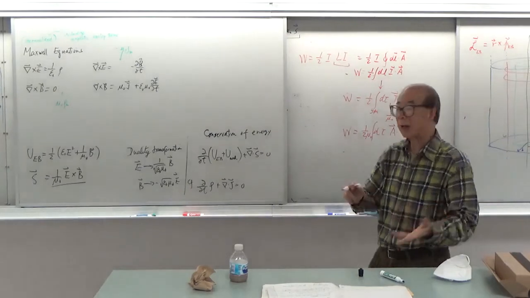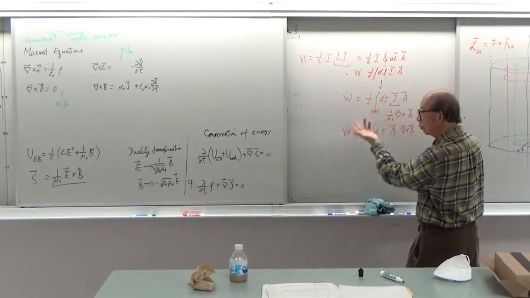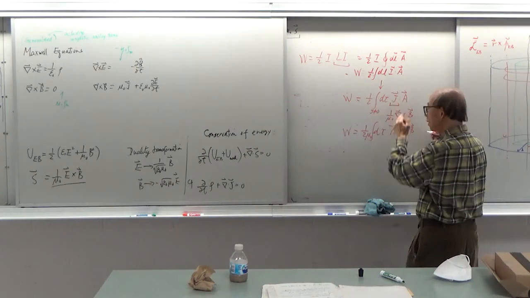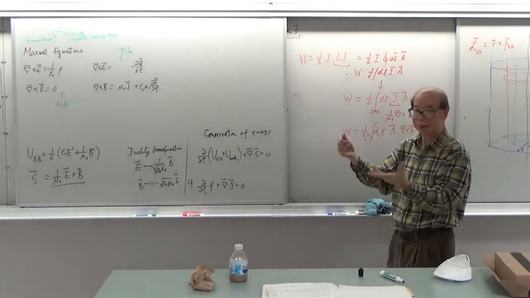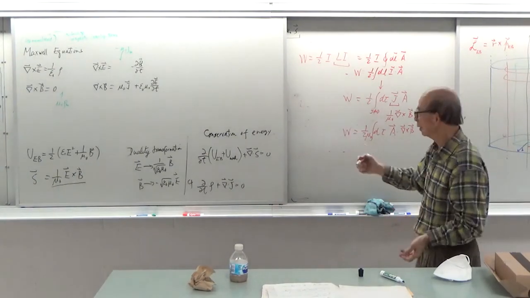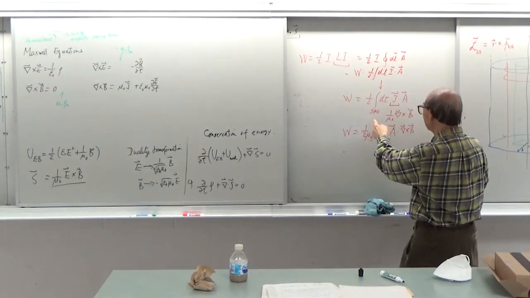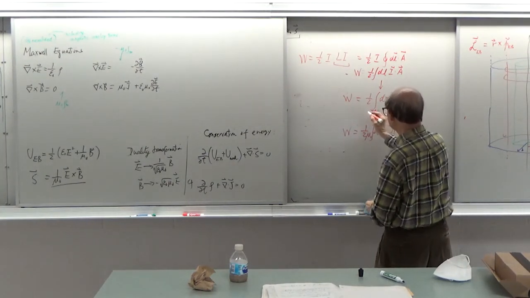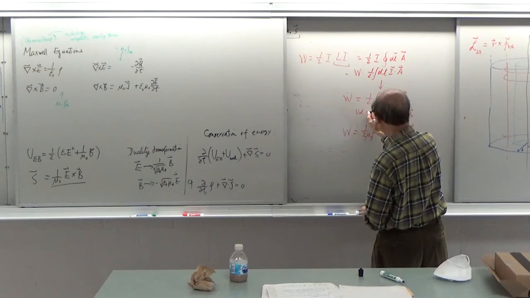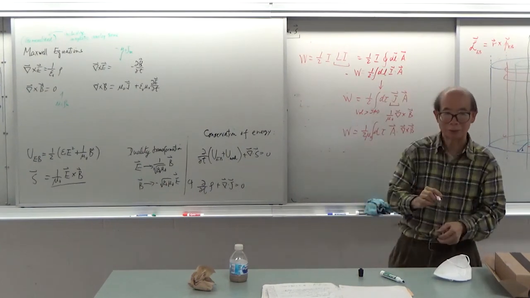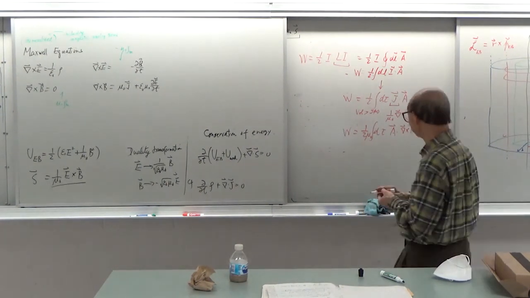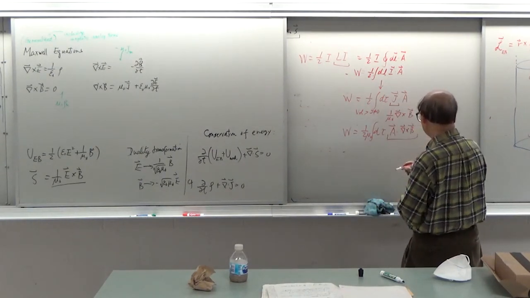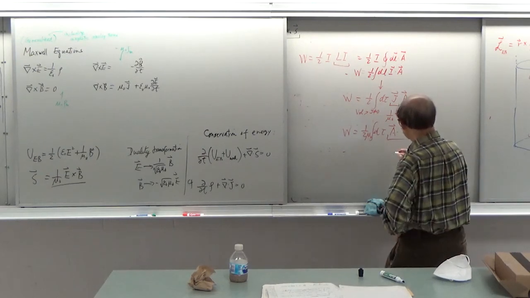But of course, it doesn't hurt to integrate over a larger volume, the extra space to include space where J is 0, because then that only adds 0 to what you have. So a volume integral larger than the region where J is not 0 will work as well. All right.